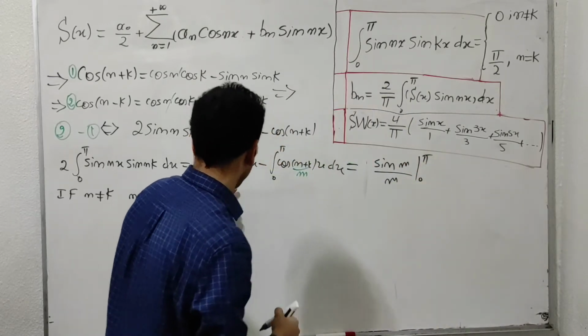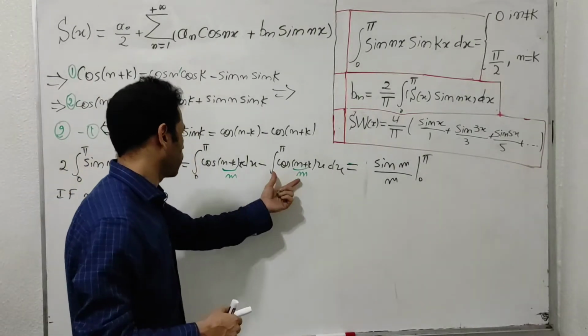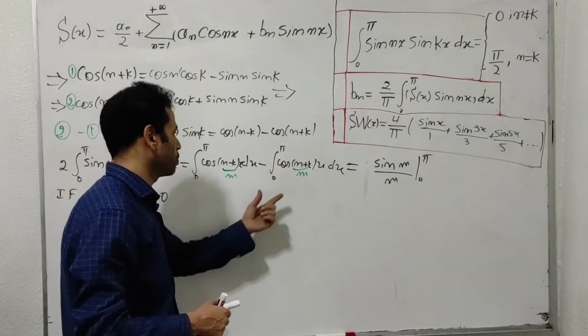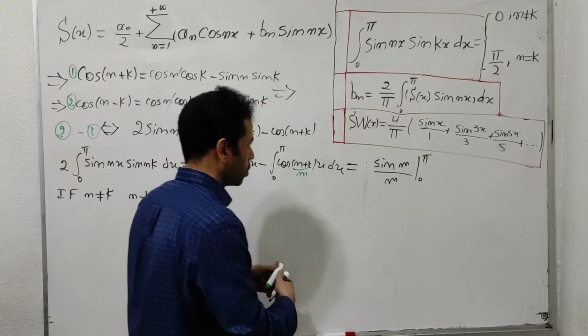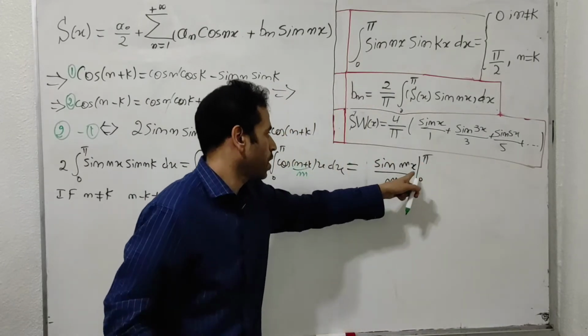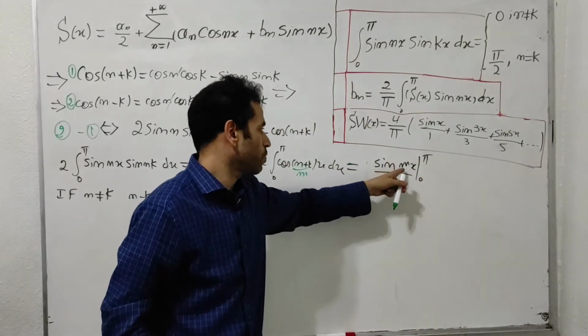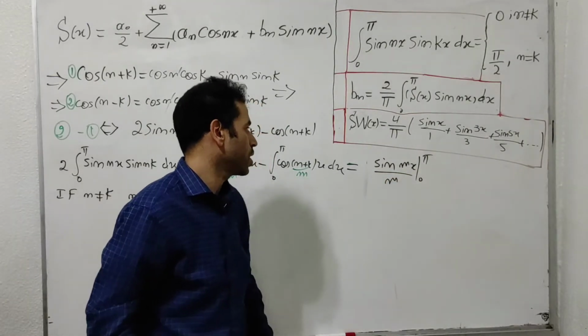Whatever happened in the first integral will be the same with the second integral, because both functions will be turned into sine. If you plug x with pi, the sine of pi equals 0, minus 0 as you replace x with 0.